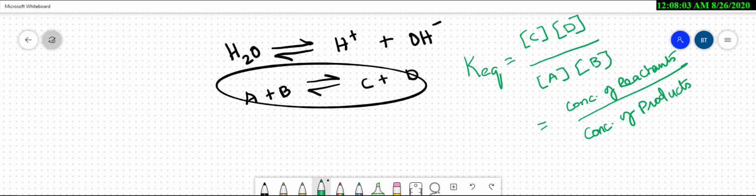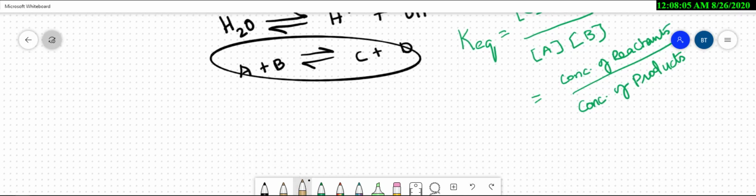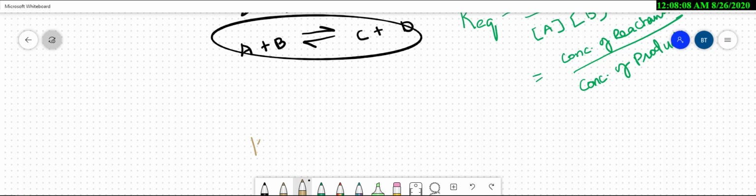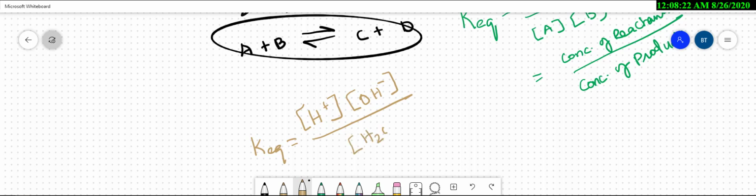That can be written as K equals the concentration of H plus and the concentration of OH minus ions, divided by the concentration of the reactant, the water molecule, H2O.